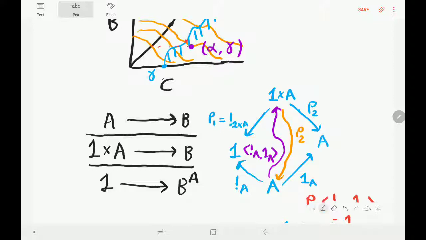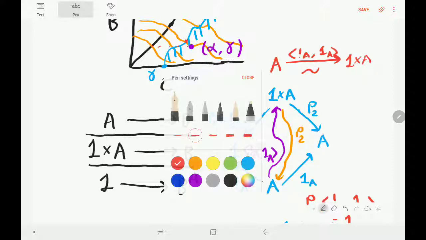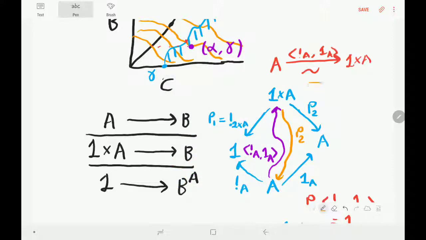So we may write it like that, putting this squiggly line underneath our arrow to note that it's an isomorphism.